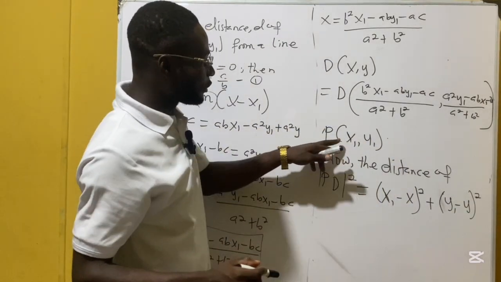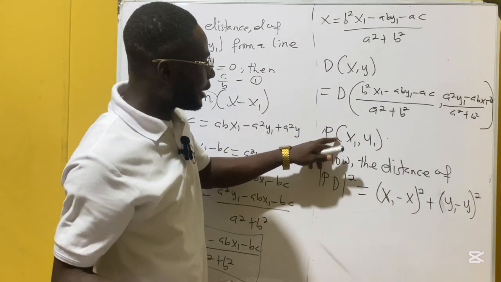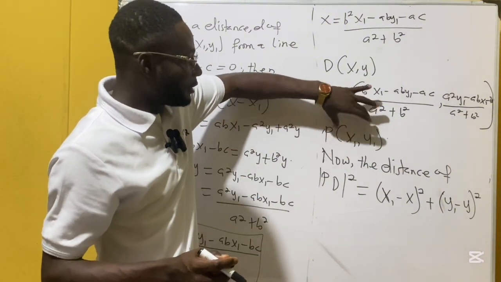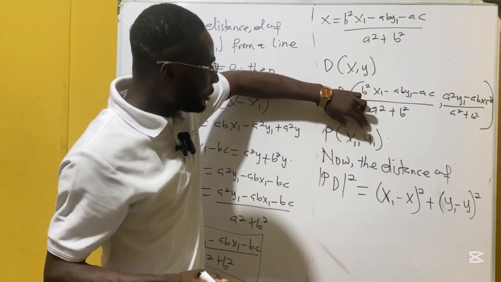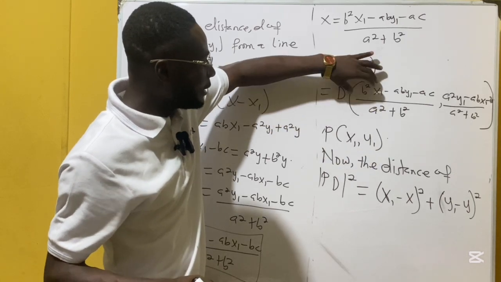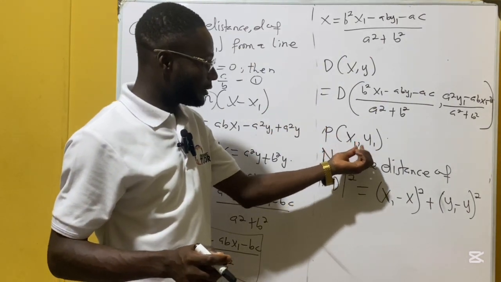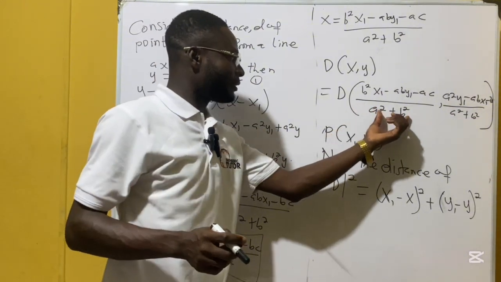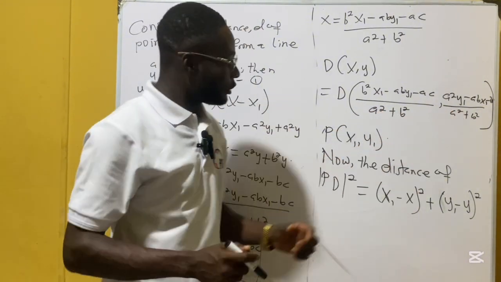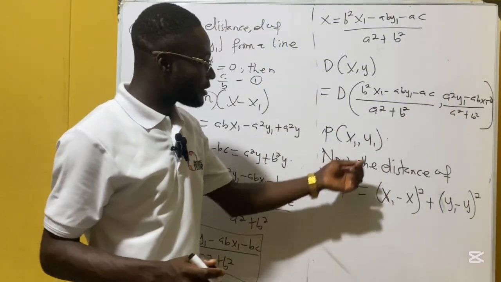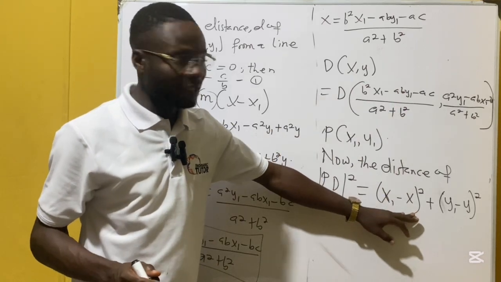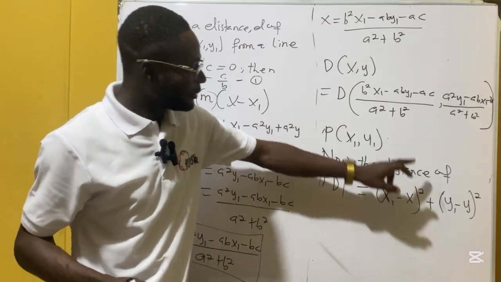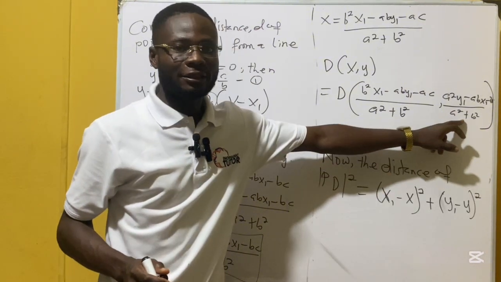From here, this is P and this is D, and we are following these coordinates. So P is x1, y1, and that of D is that and that, right? So now we are going to place these coordinates into this formula, of which x is here, y is here, right?